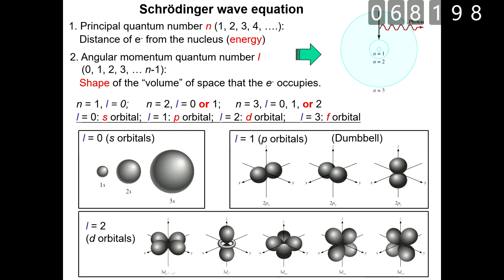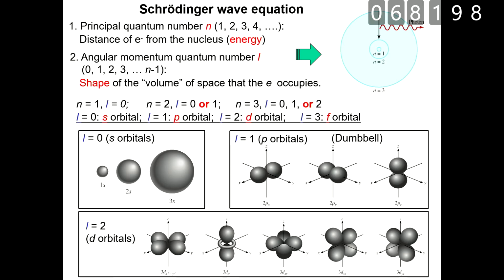But when n equals 3, it has more electrons, and they can show more different shapes, like s orbital, p orbital. And when L equals 2, it's called d orbital. The d orbitals show this shape.